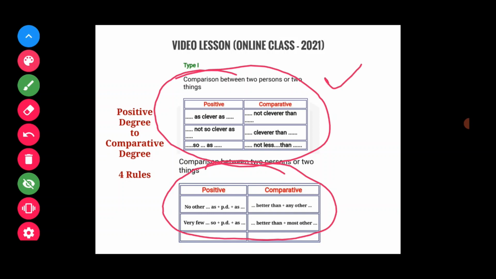If you can memorize these two charts through practice, remember, not by reading but through practice, then let me tell you, you are good to go with transformation from positive to comparative. So this is the second part and the last part where we discussed positive to comparative degree transformation. I hope you all learned.